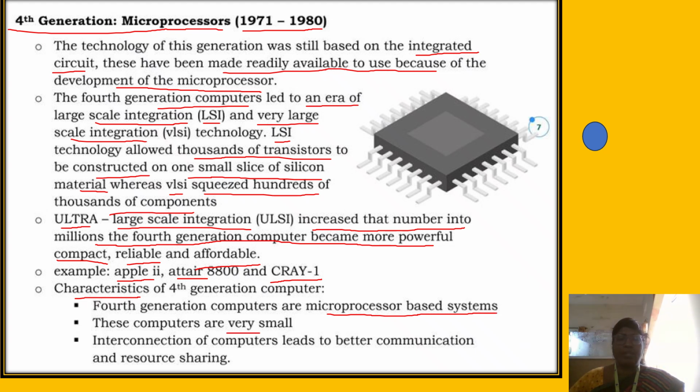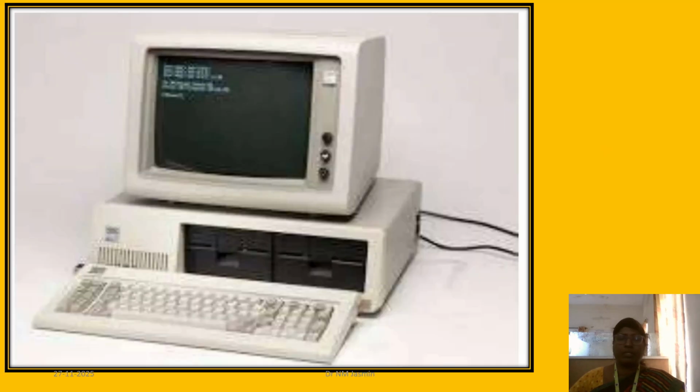Of course, these are very small compared with the previous first, second and third generations. Also, interconnection of computers leads to better communication and resource sharing. This is the example of the fourth generation computer.